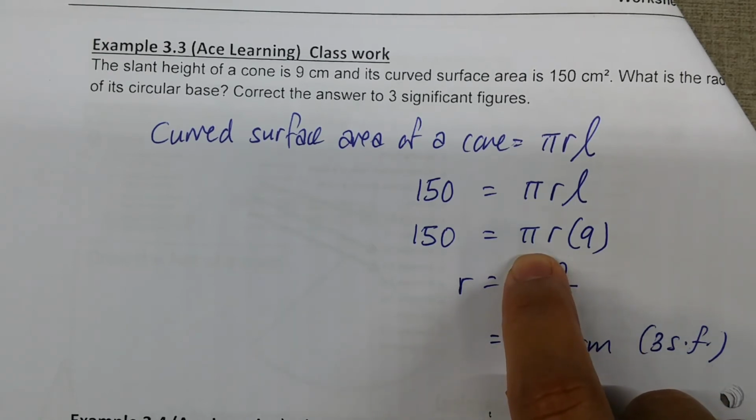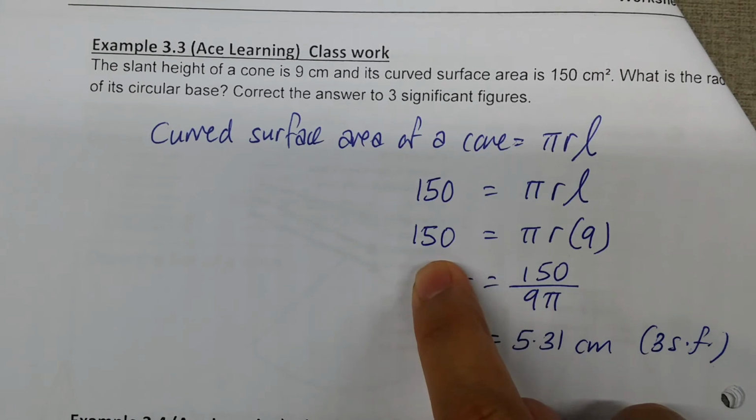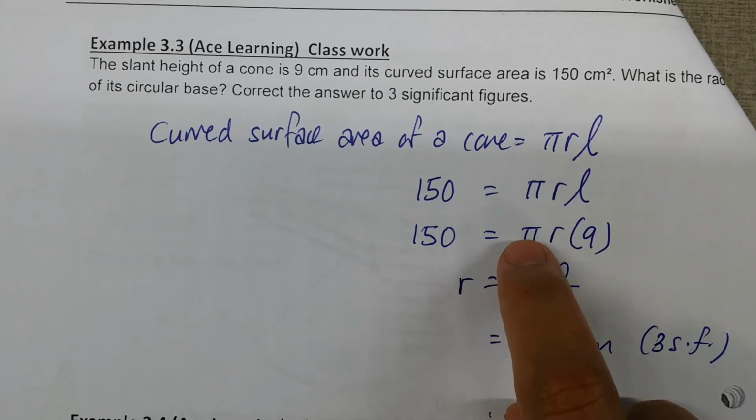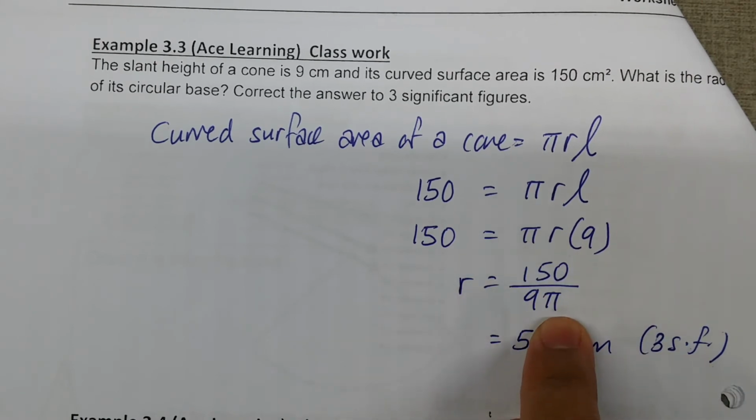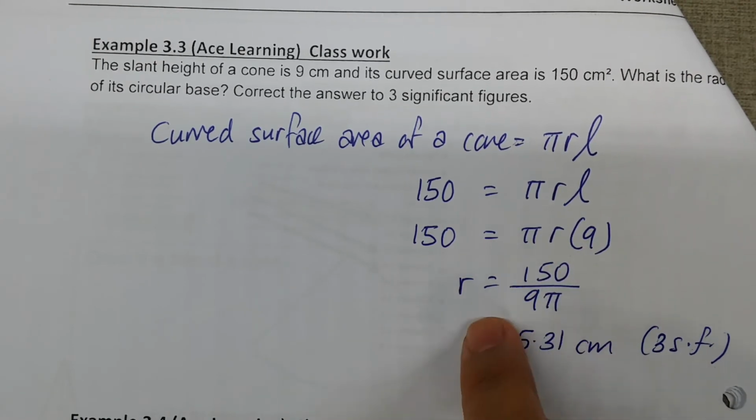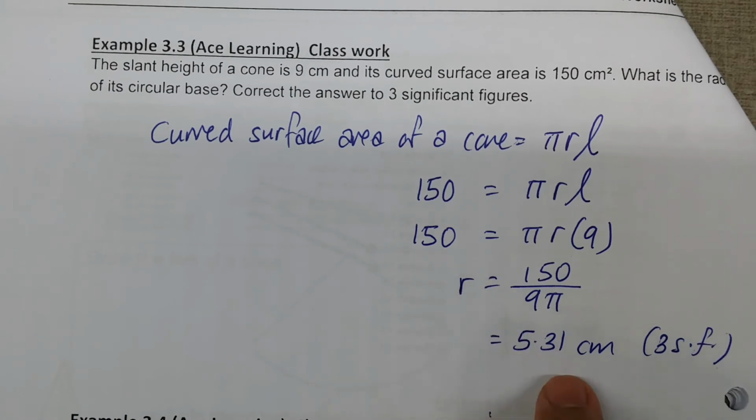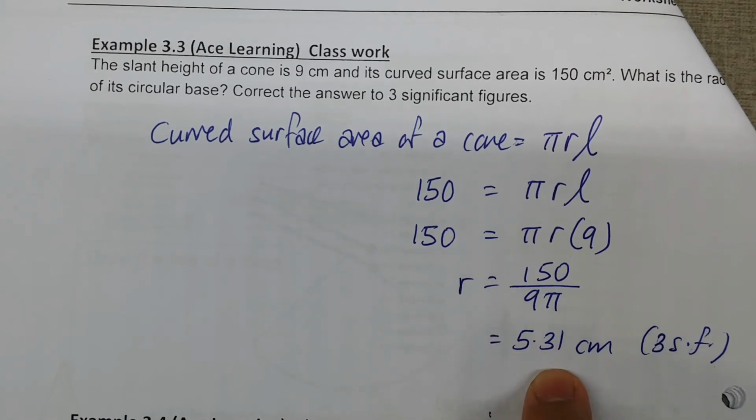Since we have the value of pi in your calculator, why not we just bring 9 pi under 150 to solve for r. In other words, 150 divided by pi divided by 9, like that. You can get r alone on one side. Press our calculator, you get 5.31 cm. This is the rounded off answer, rounded off to 3 significant figure.